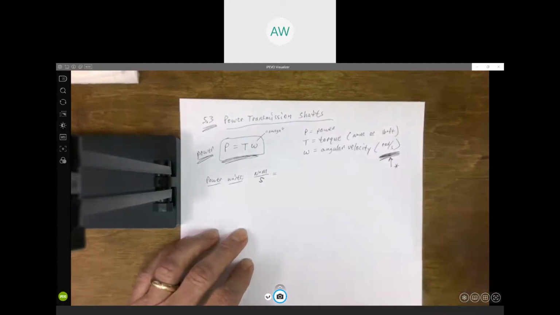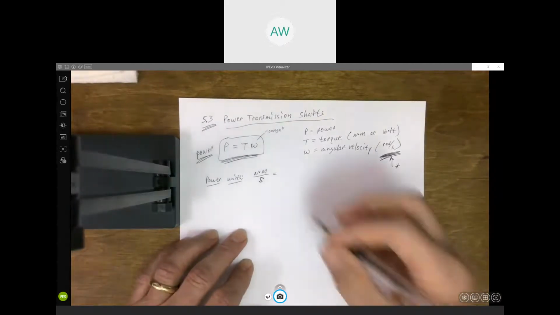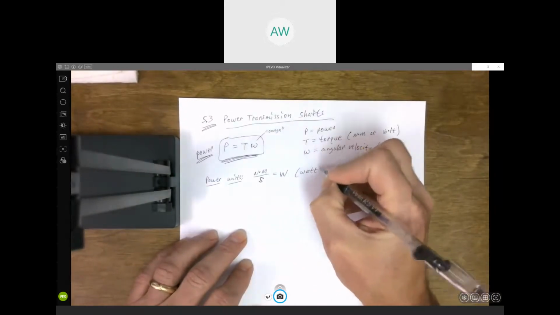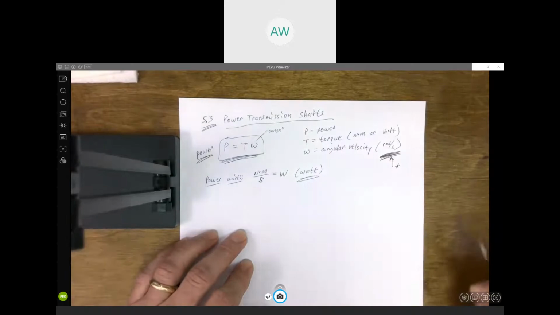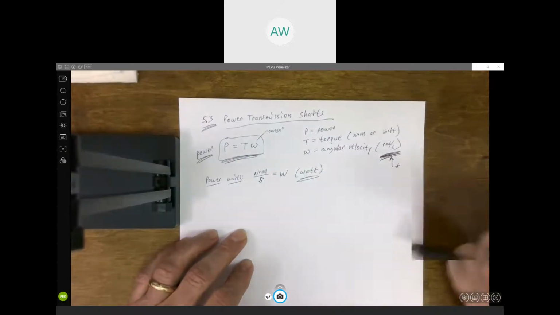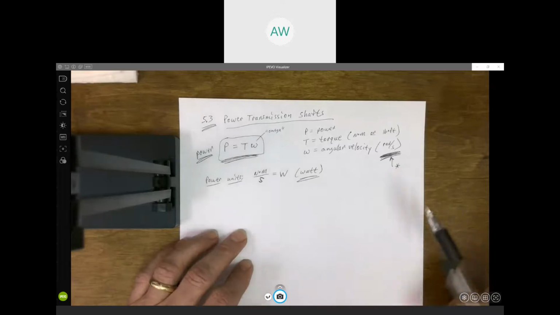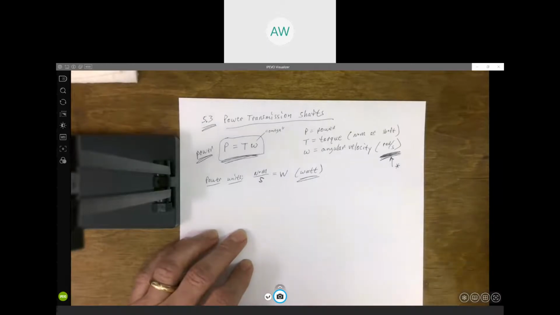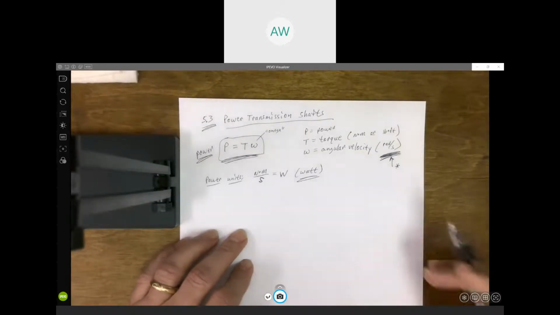Kaylee, yay, a watt. That is correct. So typically, if you're doing SI units for power, they're referred to as watts or kilowatts. But it's a Newton meter per second. As long as you know a watt is Newton meters per second, you're good to go there.